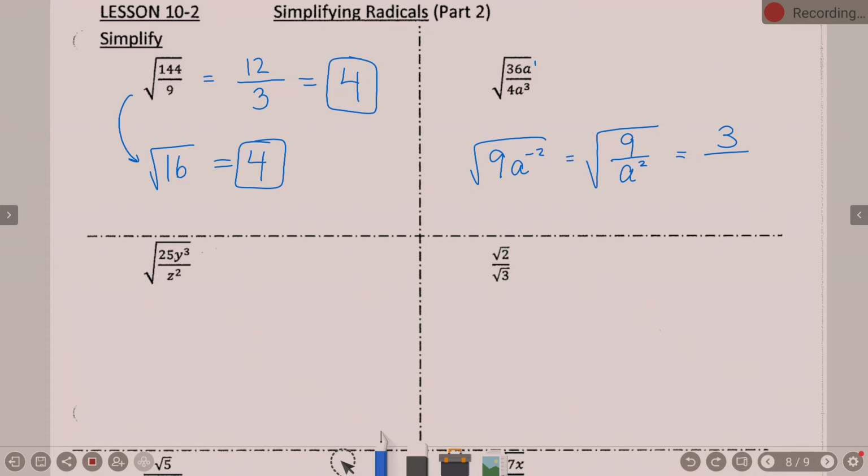That was on the previous page. You divide it by 2. So it's going to be just a. Does 2 divide by 2? Yeah. So it's going to be a to the first, which is just a. So I can write this answer as 3 over a.